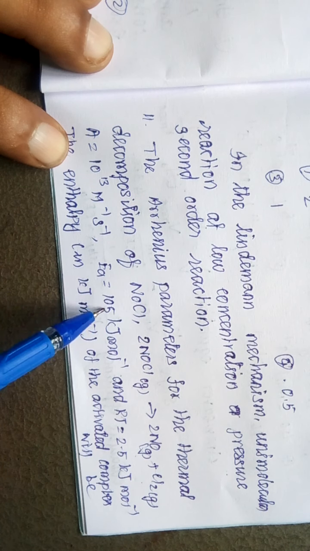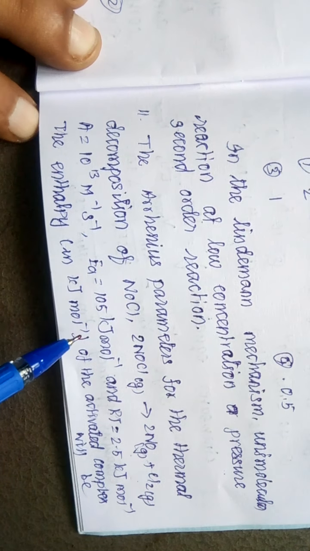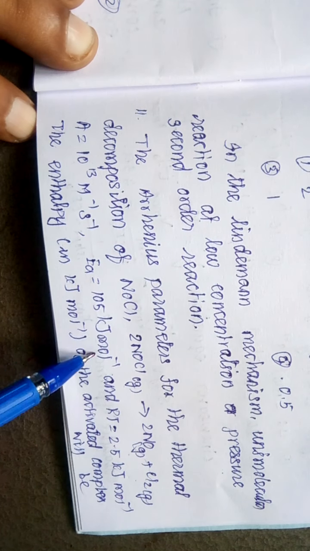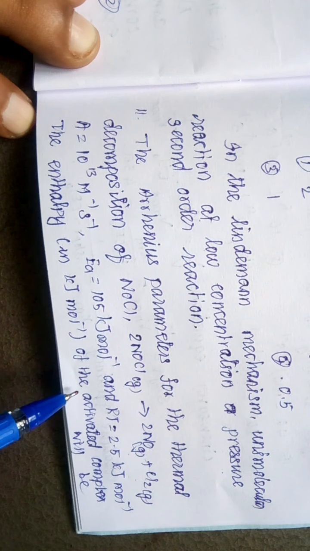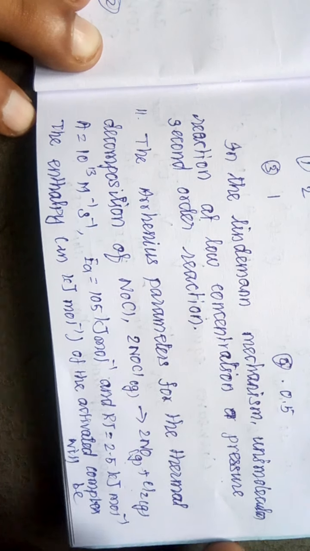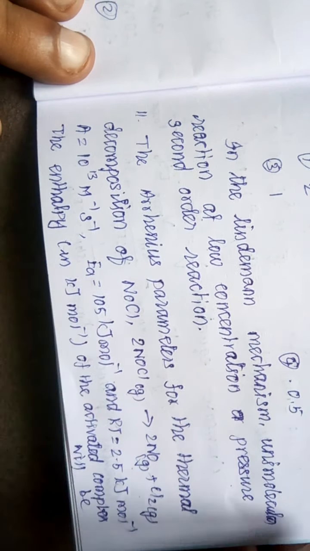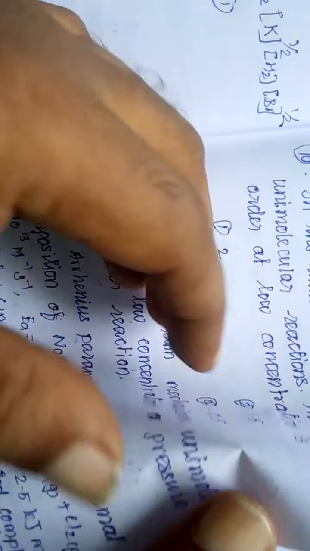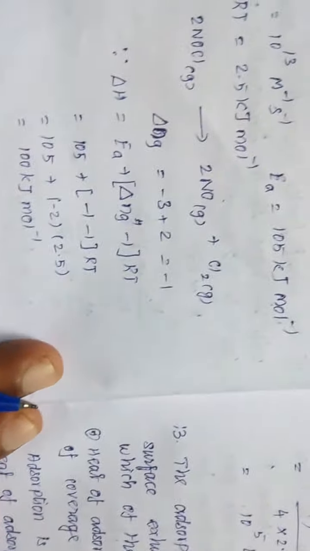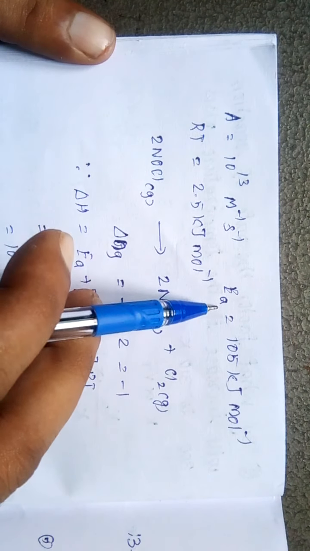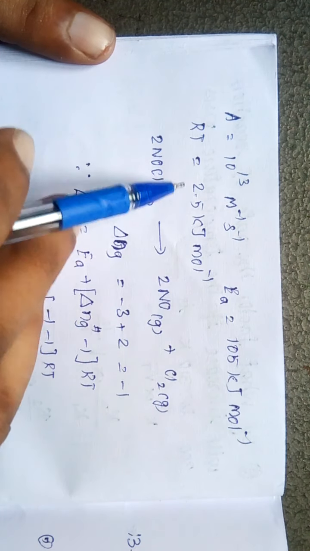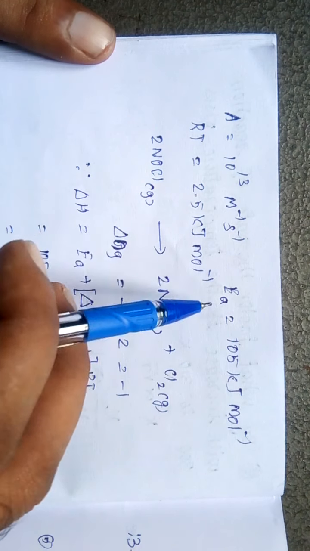Ea, the activation energy, is equal to 110 kilojoule per mole. RT is equal to 2.5 kilojoule per mole. They have asked for the enthalpy of the activated complex based on the activation energy Ea. For these equations, I have given the constant values here: A, Ea and RT, which is given as 2.5 kilojoule per mole.